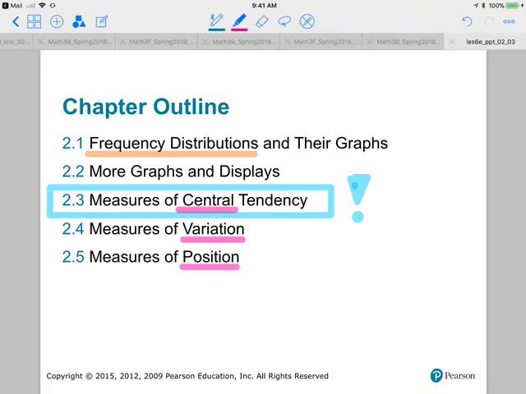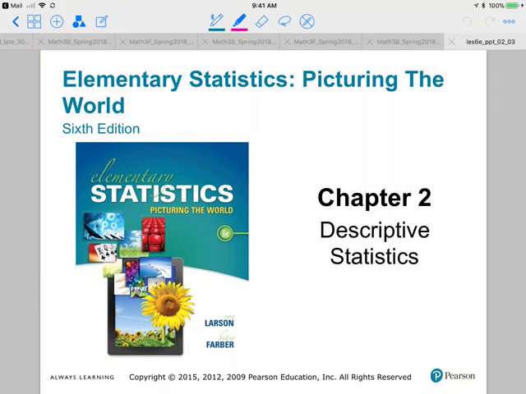So the rest of this chapter, right? Chapter 2 is split up into essentially two parts. The first part is an intro to distributions.